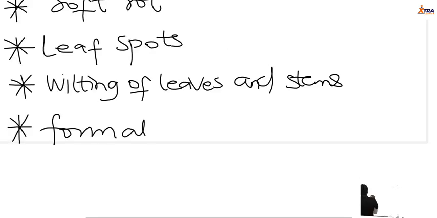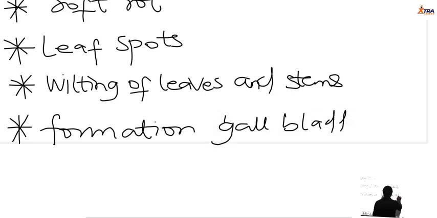Also, formation of gallbladder, that is, the stem will have this kind of swollen protrusion in the plant. It's indicative of a bacterial disease. So those are the things that indicate that this is a bacterial disease: soft rot, wilting of leaves and stems, leaf spot, and formation of the gallbladder, as well as cankers.